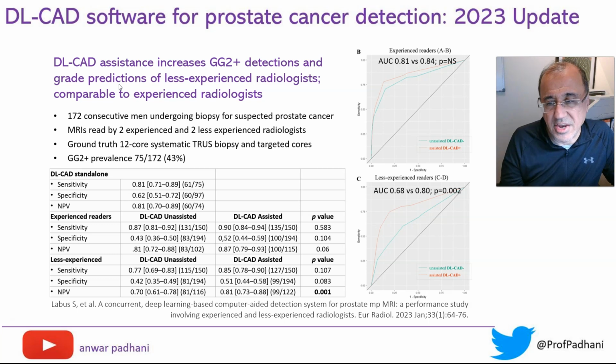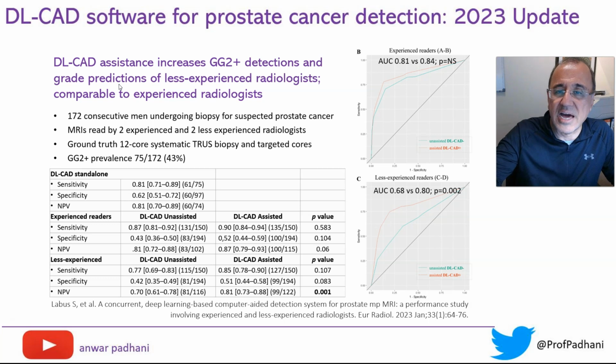So you can see how that AUC improves. And in fact, if you look very carefully, the AUC improves to the level of an experienced radiologist. So the AI is helping inexperienced radiologists to become as good as experienced radiologists, but it doesn't seem to change the performance of an experienced radiologist.